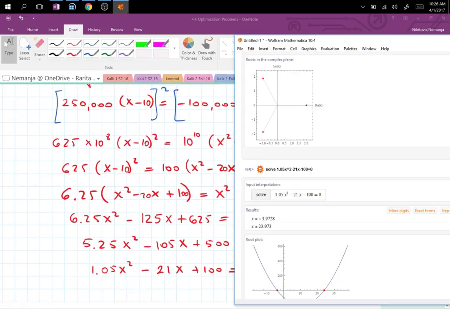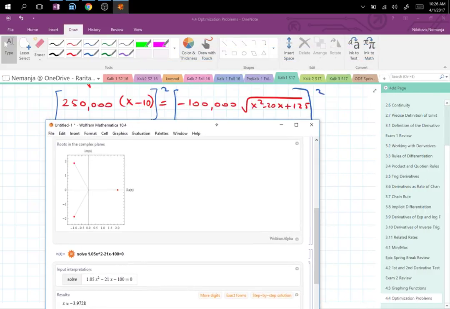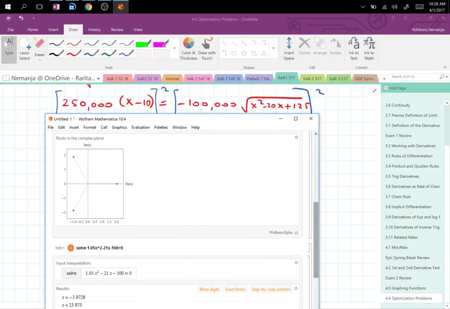So this is how I'm going to solve this issue. Delete page now.